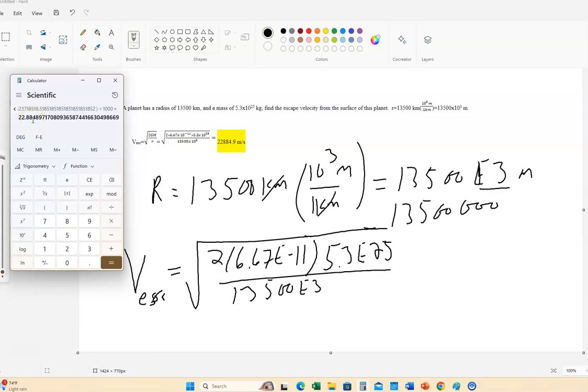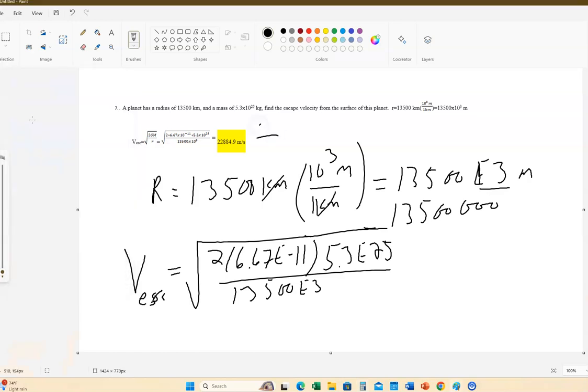So that would be the proper answer. This is the answer in meters per second, and once you divide this by 1,000, that would be 22.9 kilometers per second. All right, very nice.